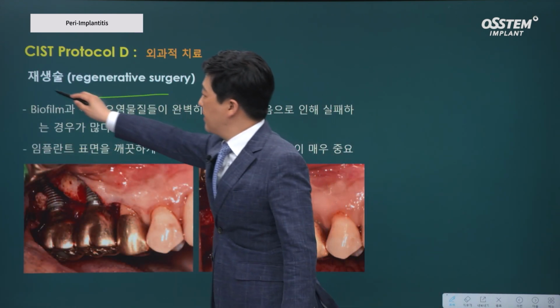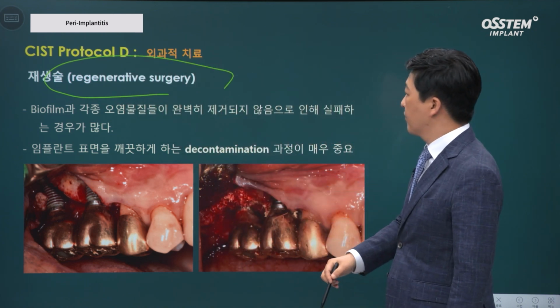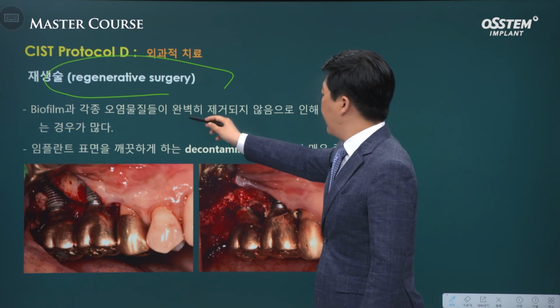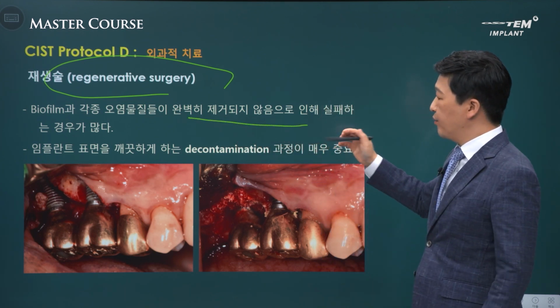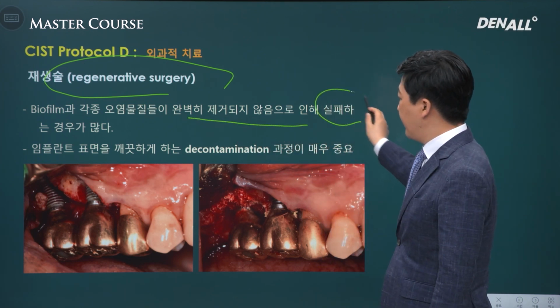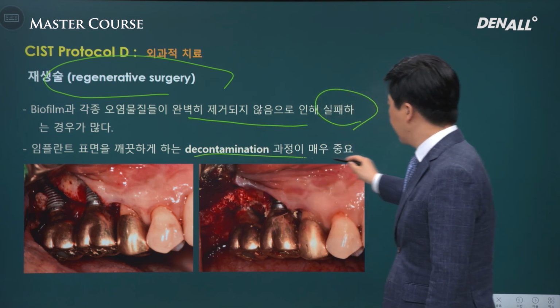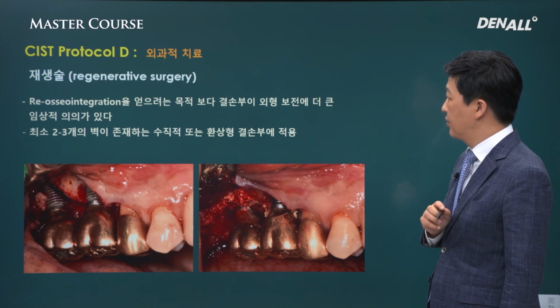Regenerative surgery is sometimes used. Biofilm and various contaminants around the implant are very rarely removed thoroughly. Hence, it frequently leads to failure. Decontamination of the implant surface is the most important.